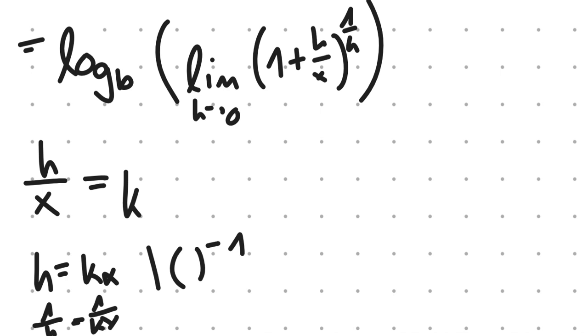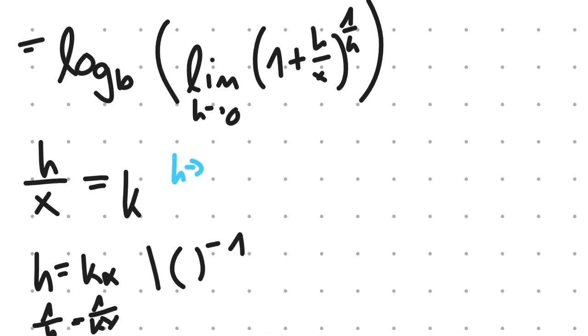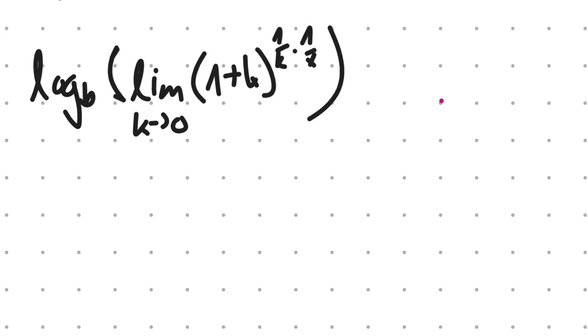And if we talk about the boundaries of the limit, as h approaches 0, k also approaches 0. So indeed we have the logarithm base b of the limit as k approaches 0 of 1 plus k to the 1 over k times 1 over x power.